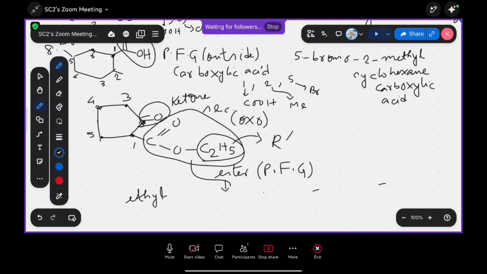IUPAC names are one word, but when you name an ester there should be a space between the alkyl group and the other part. Don't write any dash. Ethyl 2-oxo cyclopentane carboxylate.